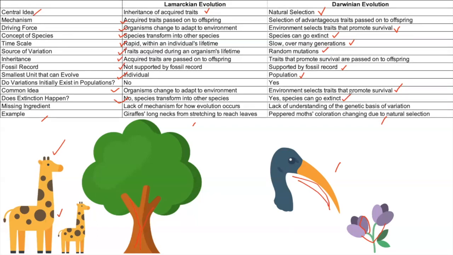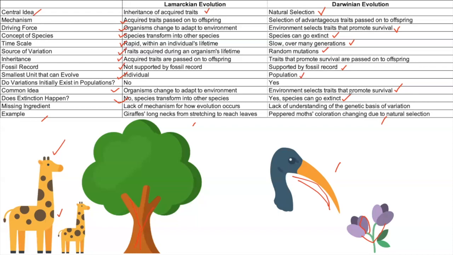So the common shortcoming in Lamarckian and Darwinian evolution is the lack of clear understanding of the mechanism by which evolution occurs and the genetic basis of variation. Lamarckian evolution proposes that traits acquired during an organism's lifetime can be passed on to its offspring, but it does not explain how this transfer of traits happens at the genetic level.